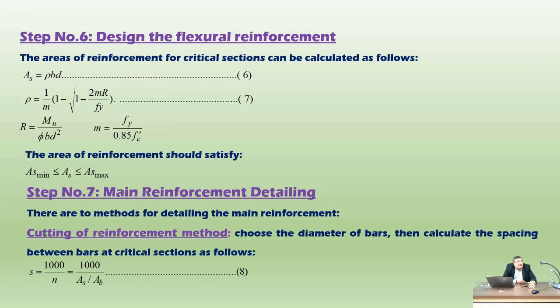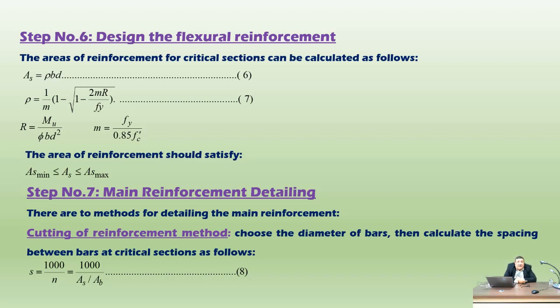Step number 6, design the flexural reinforcement. The area of reinforcement for critical sections can be calculated as follows. As equal to rho dot B dot D. Rho equal to 1 over small m, times 1 minus square root of 1 minus 2 mR over Fy.